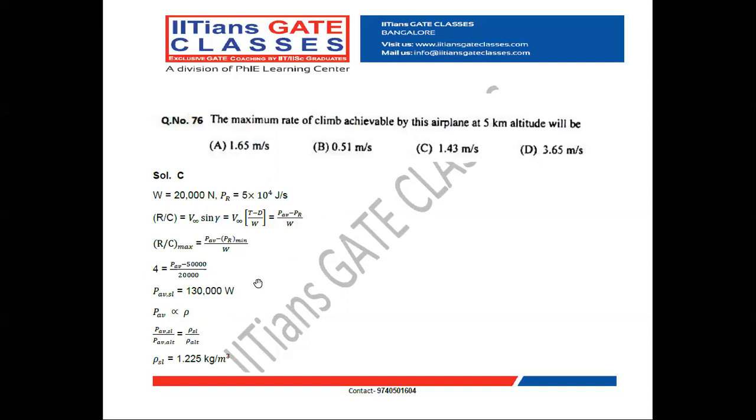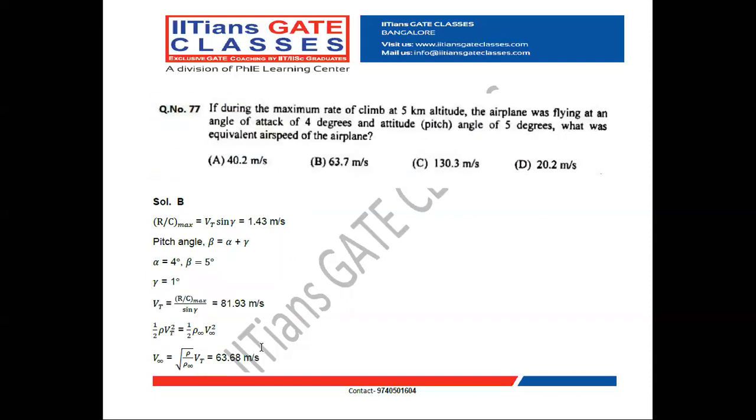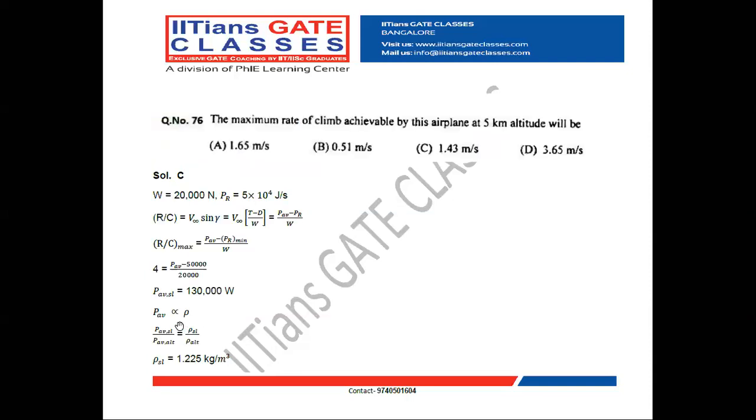So we have to calculate the power available at 5 km altitude. Power available at 5 km altitude depends upon the density, because power available depends upon the density factor. So power available at sea level divided by power available at an altitude is equal to density at sea level divided by density at an altitude.